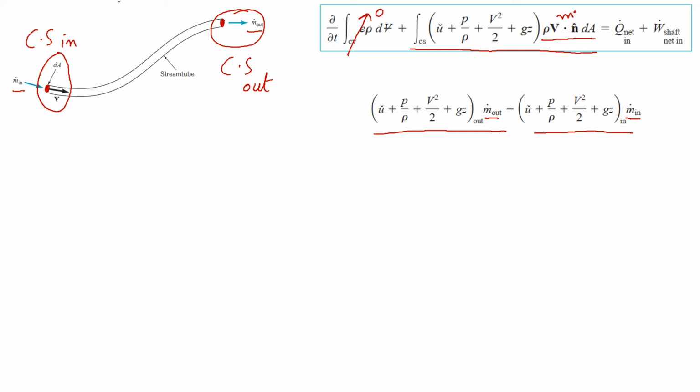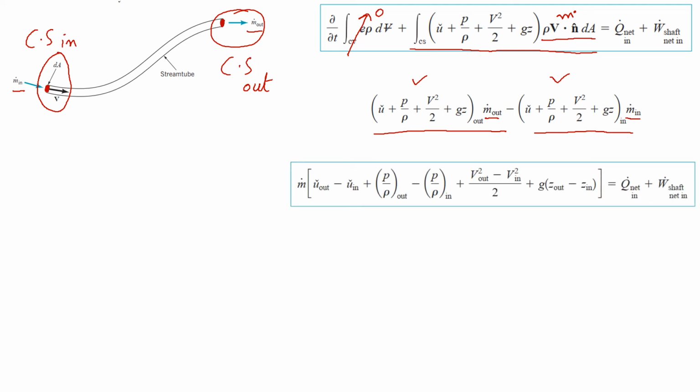So if we write it for this stream tube, then we'll get these two terms for our flow out and our flow in, or as we can say, for the energy that is going out of the control surface and the energy going into the control surface. So this is how our energy equation will look.